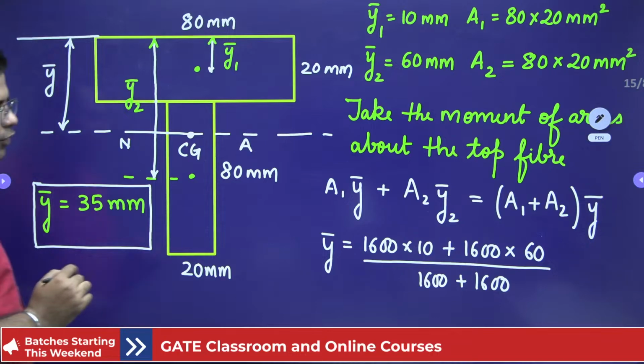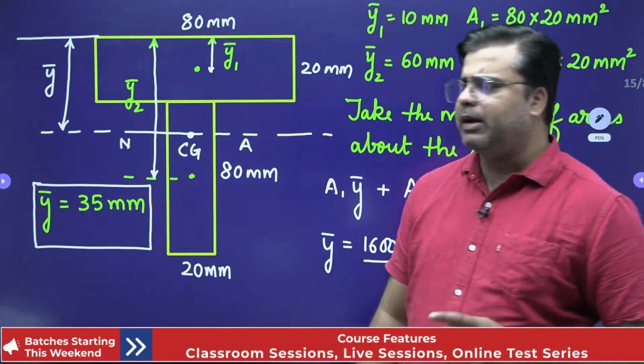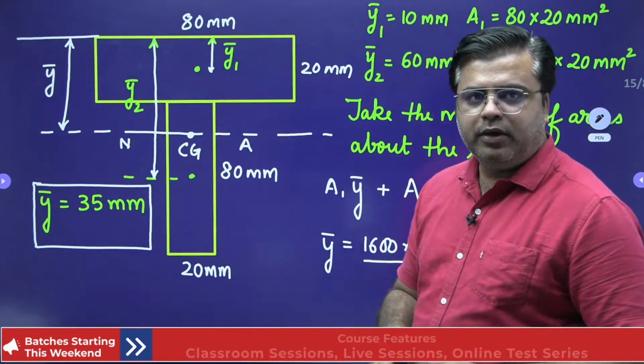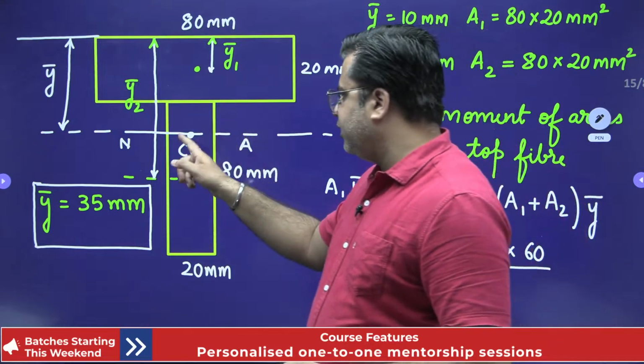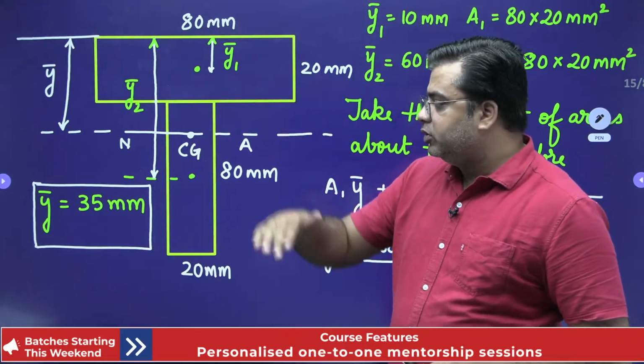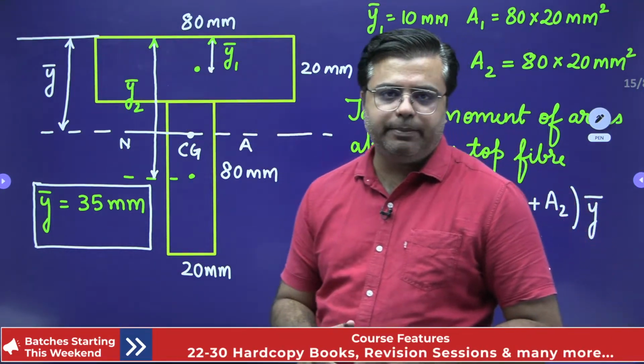So this is how you can calculate the position of the neutral axis. It doesn't matter if you are calculating it from the top fiber or bottom fiber. The point is you need to locate the position of this neutral axis. Only then can we get the position of different fibers for calculating the bending stresses.